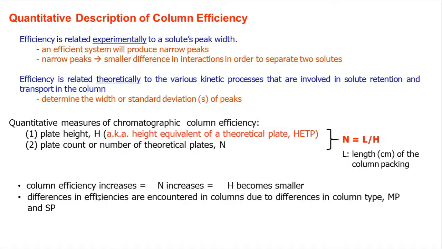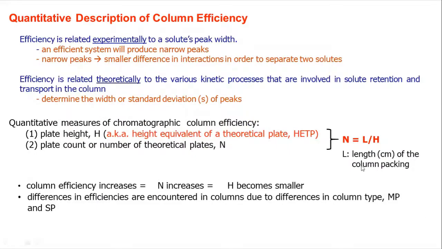So the column efficiency increases when H becomes smaller, and therefore N increases. The differences in efficiencies encountered in columns are due to differences in column type, the mobile phase used, and the stationary phase used.